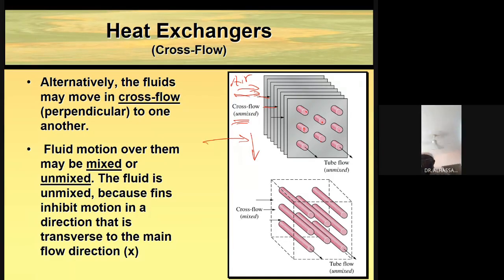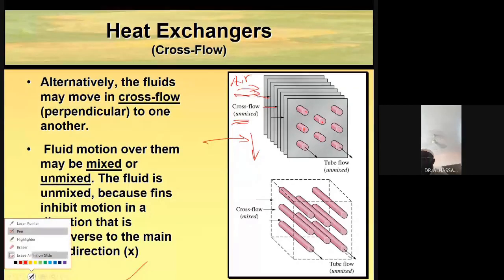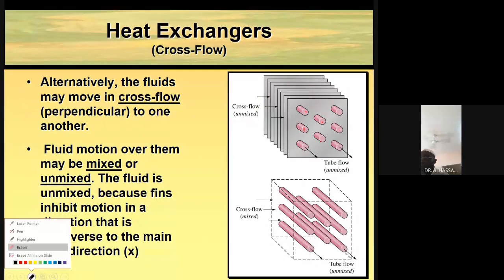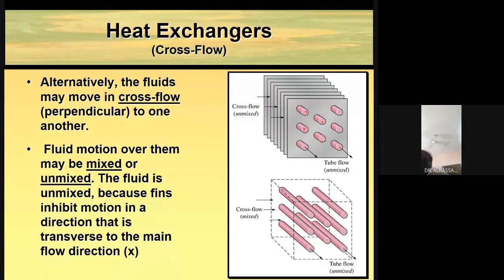Unmixed means, let me explain again: if we consider this to be a fluid layer, let's say fluid A, and this is fluid B, and this is fluid C, these three fluids do not have the opportunity to interact with each other.